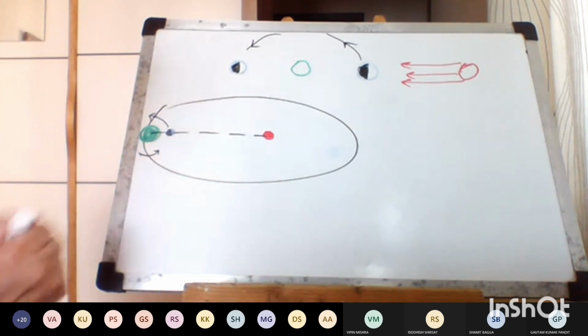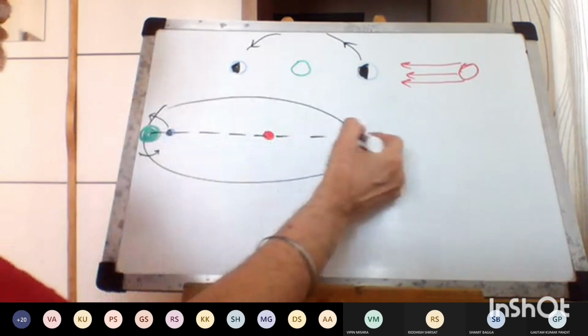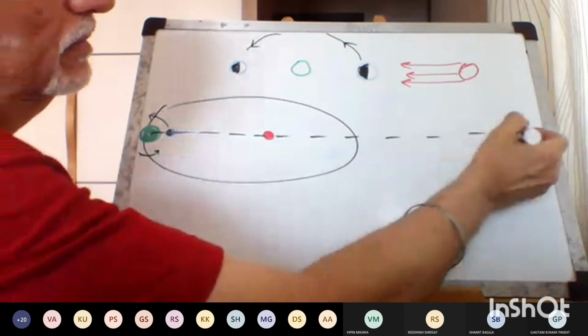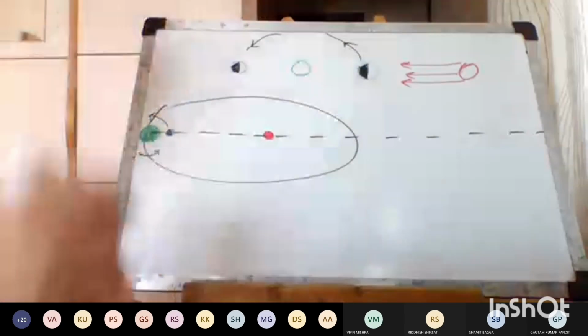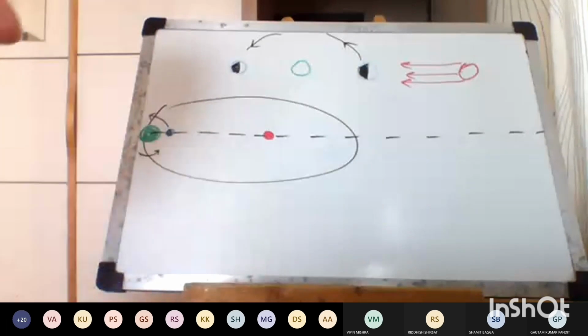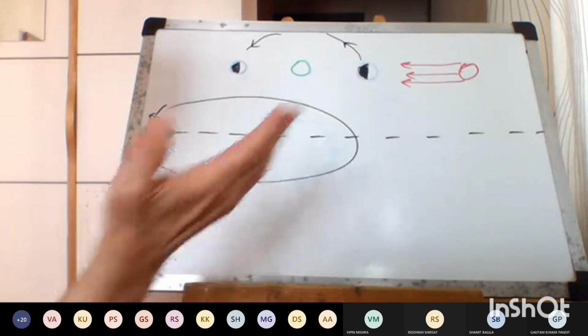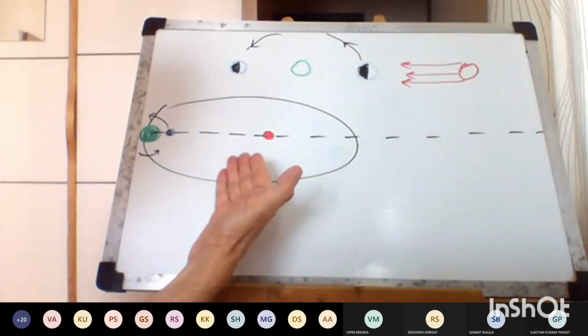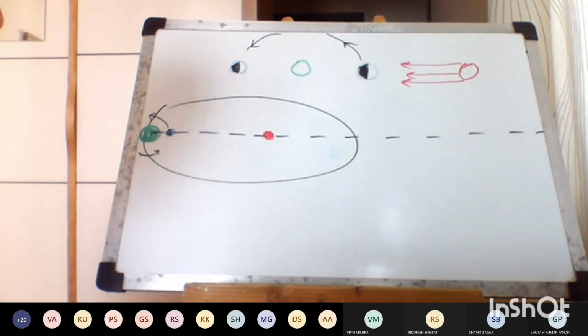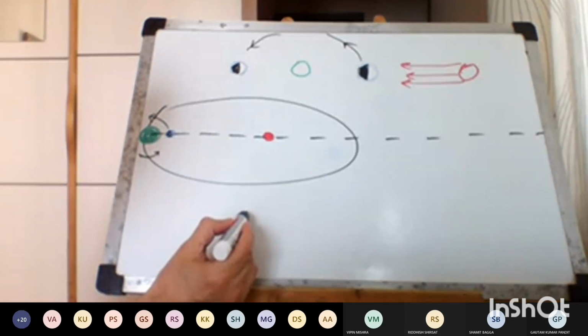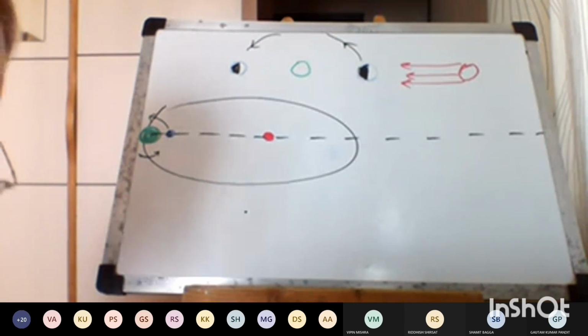So billions of miles away, there is another point. If from that point I am seeing the solar system, how big will it look? The solar system will look like a dot. Yes or no?